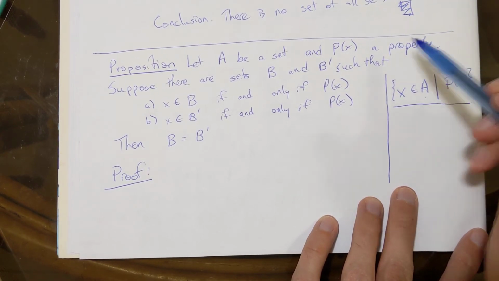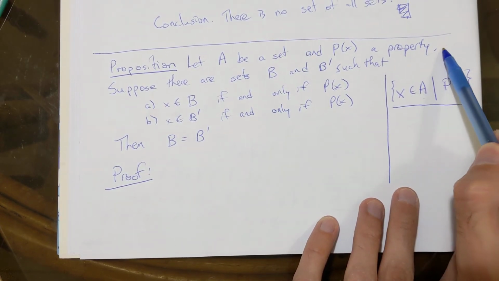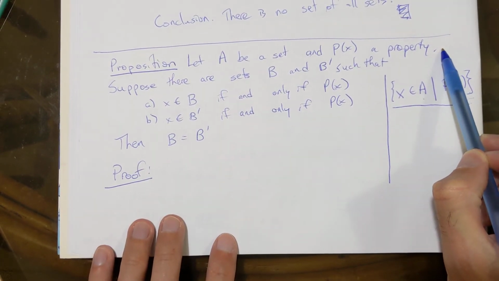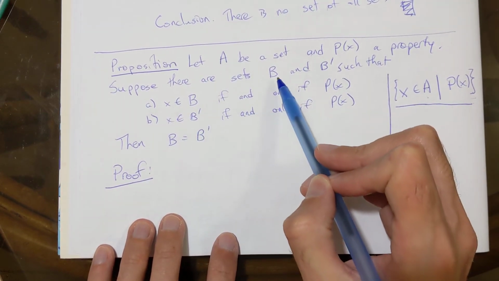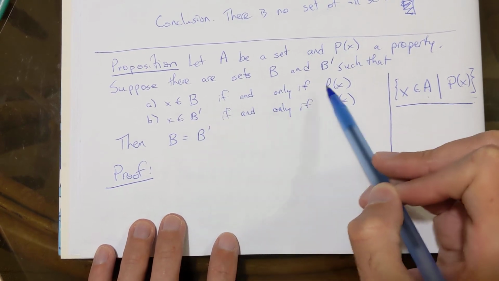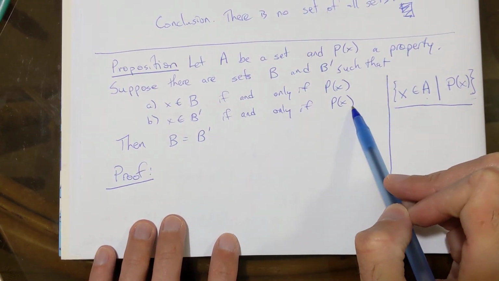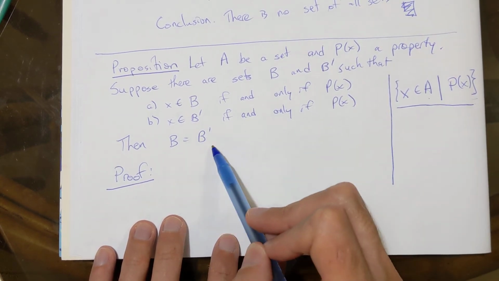So that's why we have this proposition. Let A be a set and P of X be a property. Then suppose that we have sets B and B prime such that X is in B if and only if P of X, and X is in B prime if and only if P of X. Under those assumptions, B equals B prime.